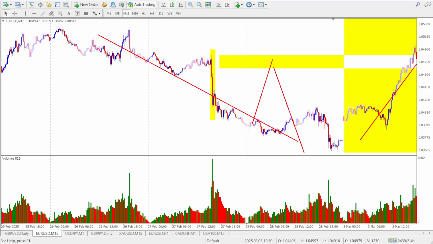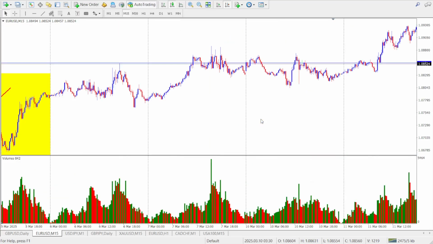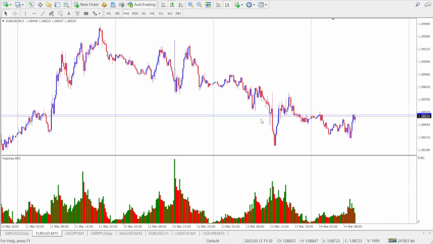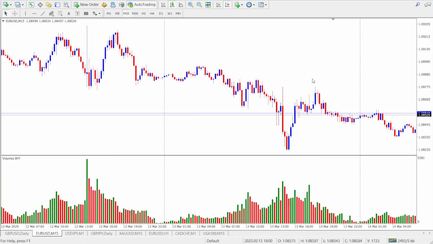Another way to trade imbalance effectively is trading the continuation after the imbalance. If an imbalance aligns with strong momentum, you can enter a trade in the direction of the move. Let me see if I can find an example.